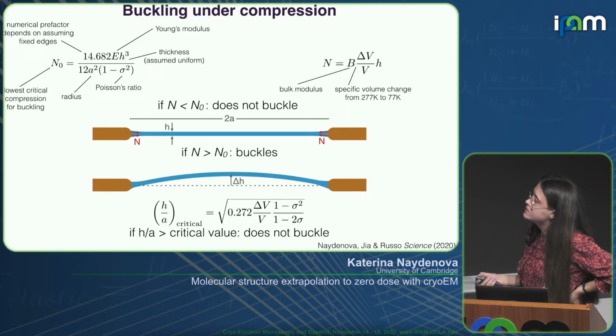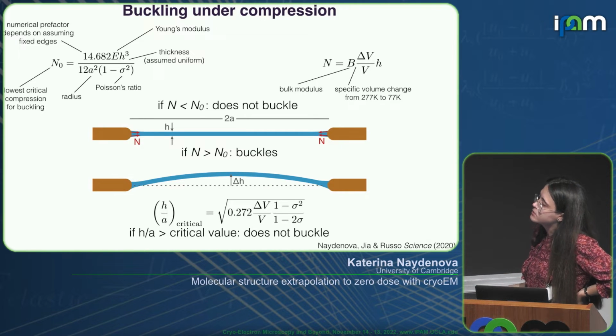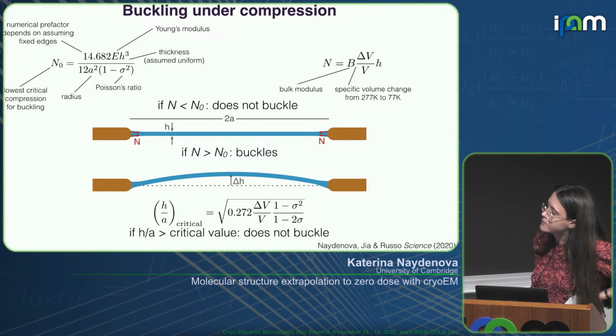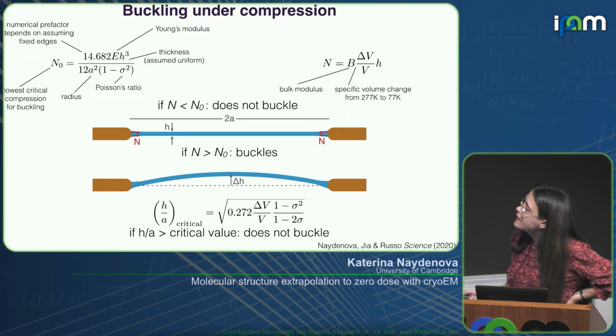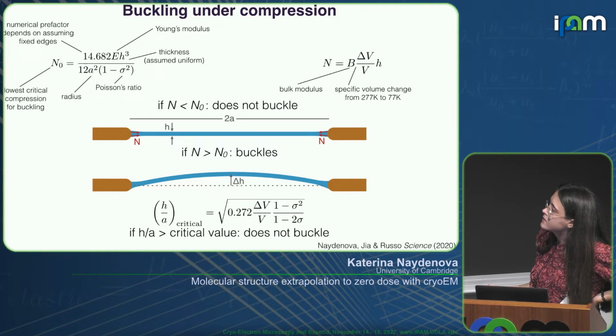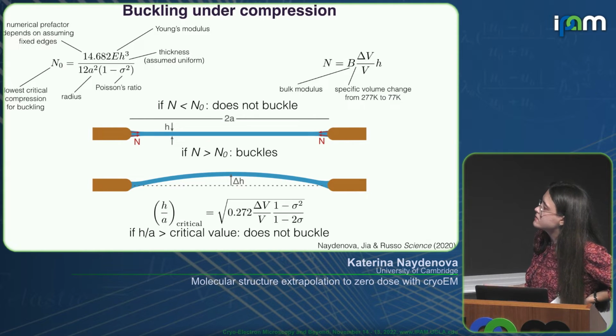One idea was that this could be caused by the specific volume change in the ice during plunge freezing, because the specific volume of the water at the starting temperature, let's say room temperature 4C, is different than the specific volume of amorphous ice at 80 Kelvin. And then the force caused by this is proportional to the bulk modulus of the ice and this specific volume change and the thickness.